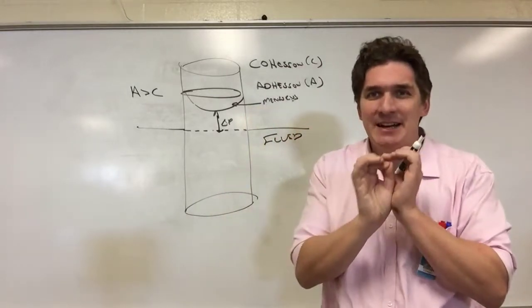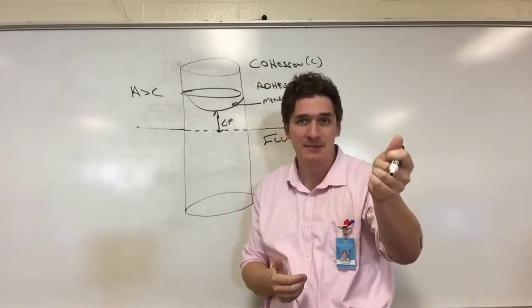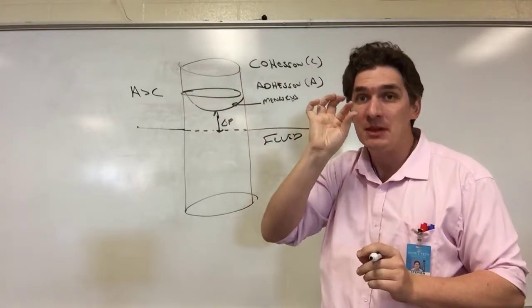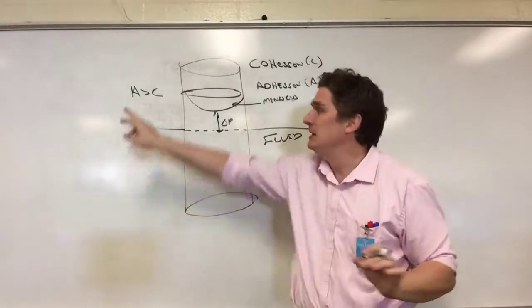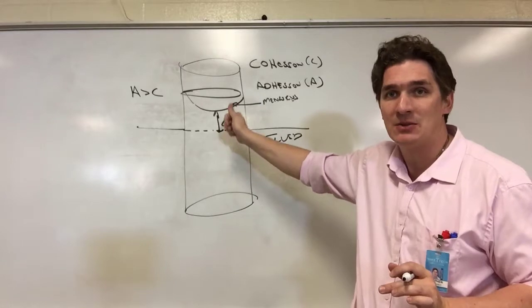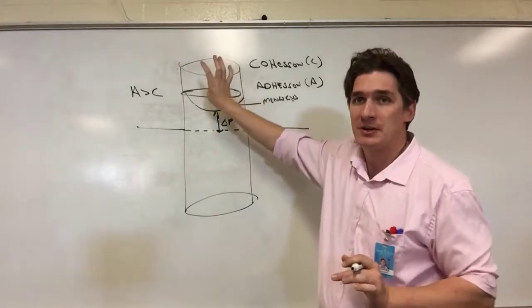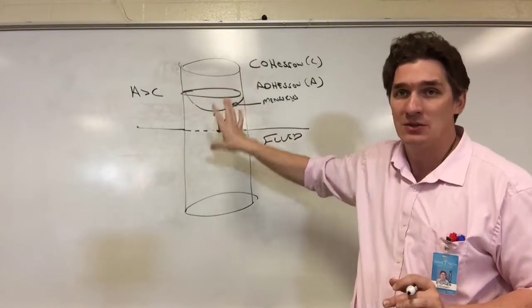But for teeny tiny tubes, like those where they check your blood to see the iron count, it'll actually go up really high because for every millimeter you climb up, there's not that much fluid inside the tube. So if adhesion is greater than cohesion, we get a positive capillary pressure. It'll climb until basically the liquid's weight outweighs the attractive forces going up, and the height it climbs is going to be inverse to the radius of the tube.